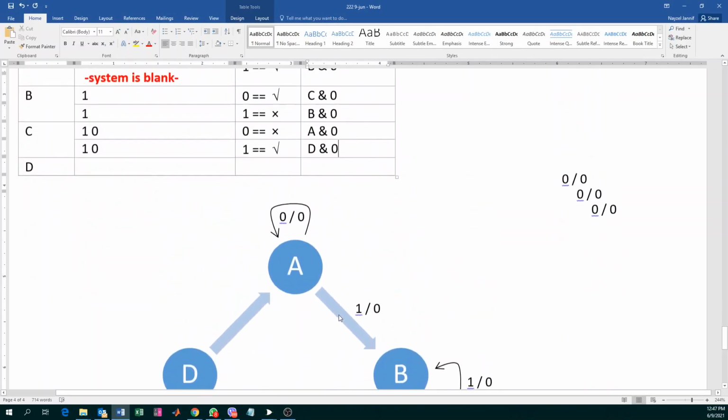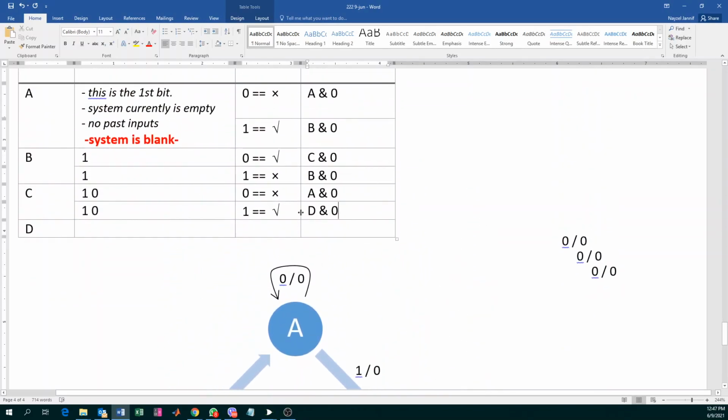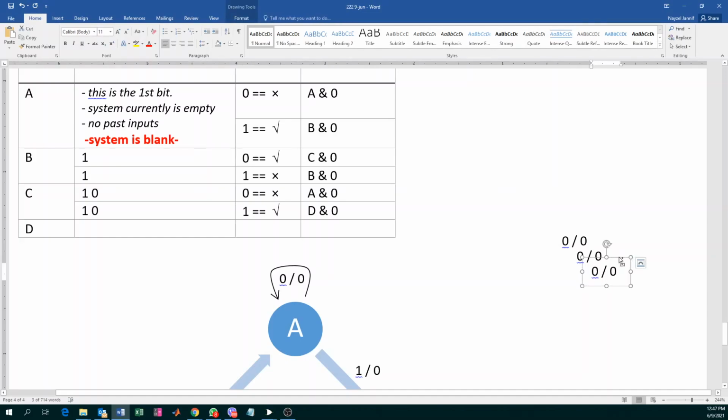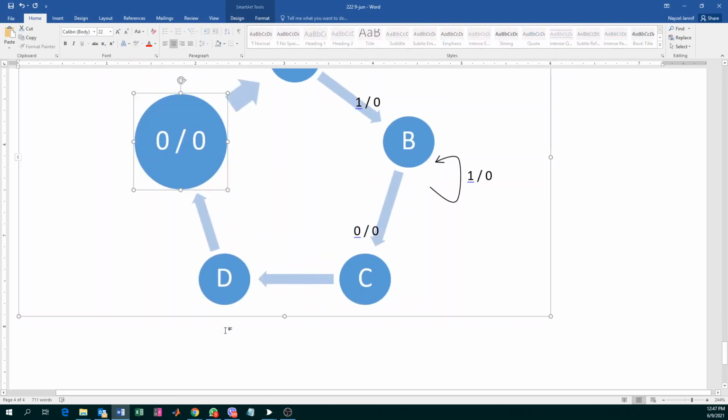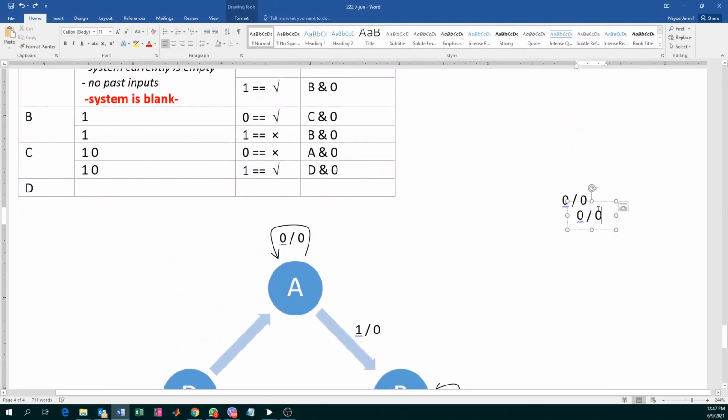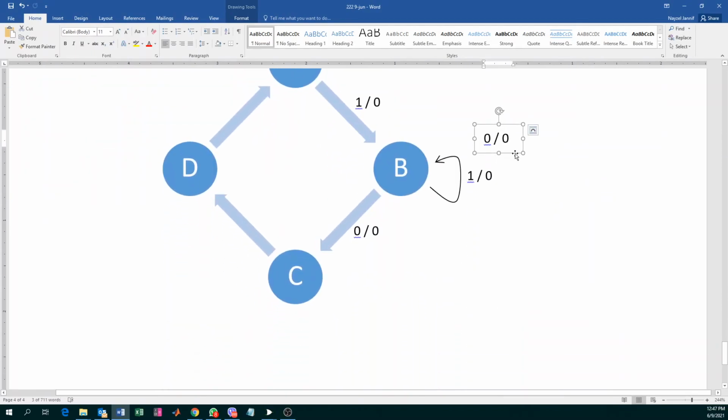So if you're at C and you receive a 1, well, you move to the next step.